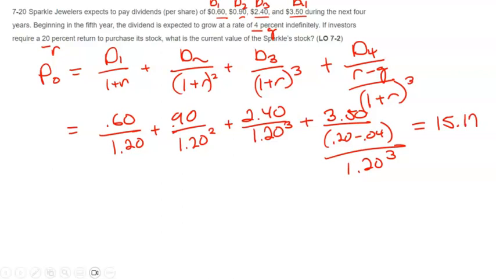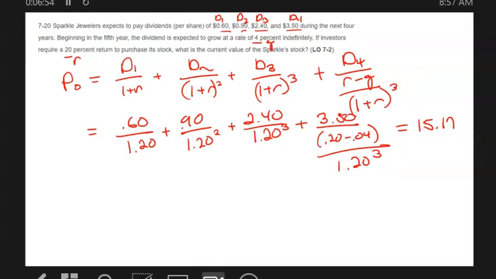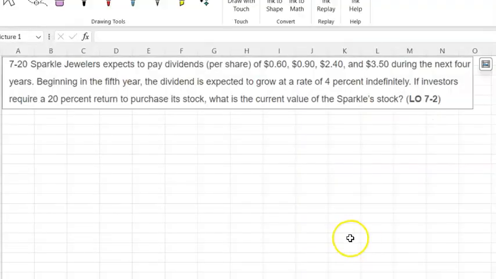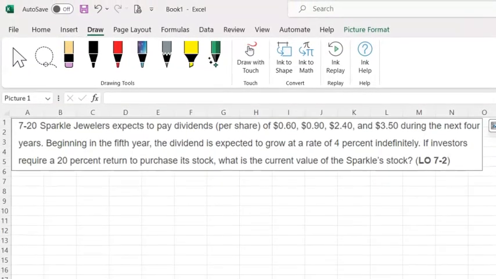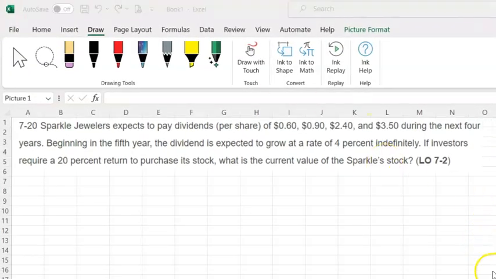So let's switch over to Excel. I'll have to play with this for a minute. All right, let me get it so you can actually see Excel.